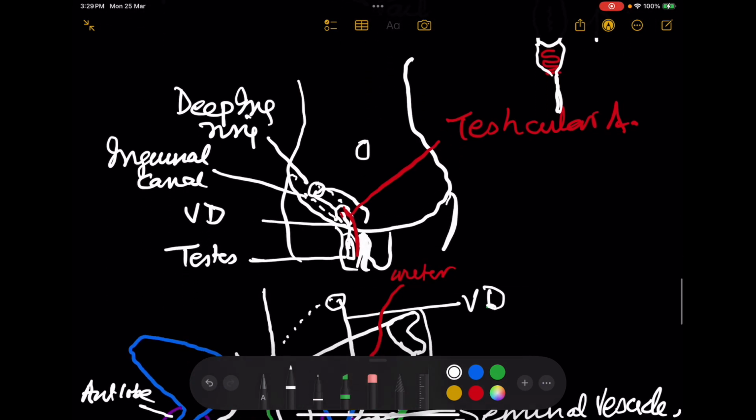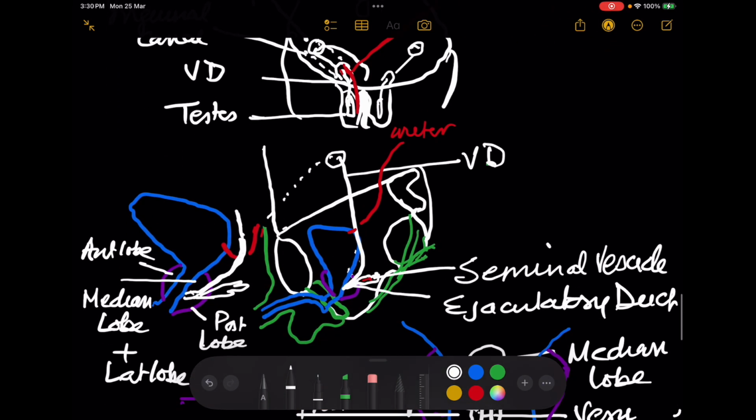Now this vas deferens arising from the testes would go through the superficial inguinal ring into the inguinal canal, then through the deep inguinal ring into the abdomen. Here, when it comes through the deep inguinal ring into the abdomen, it crosses the ureter, and it pierces the prostate, dividing it into a lower posterior lobe and a median lobe above it.